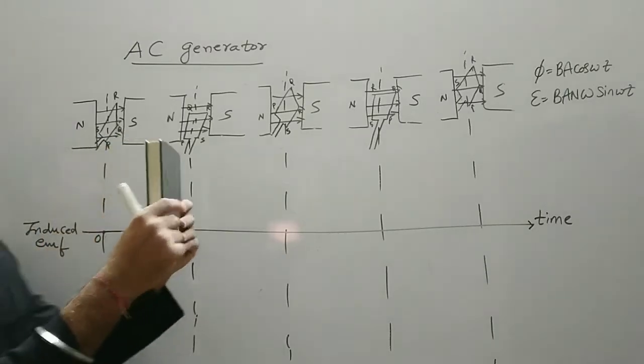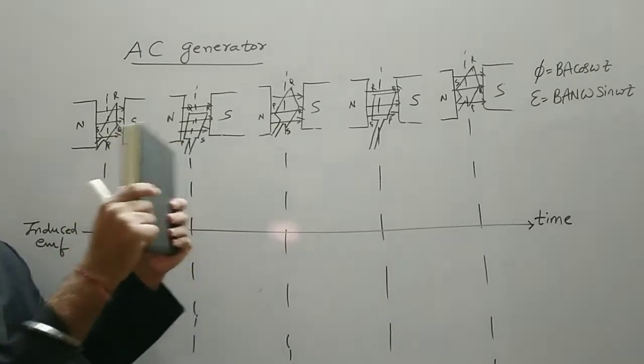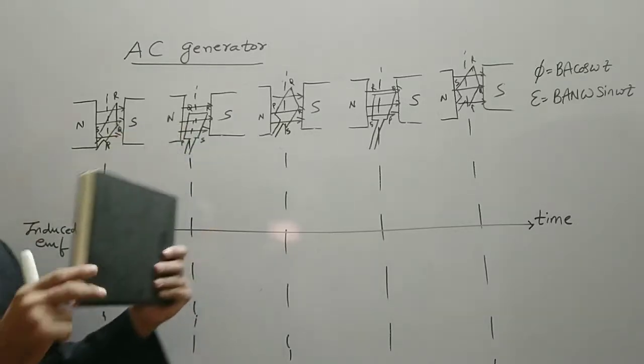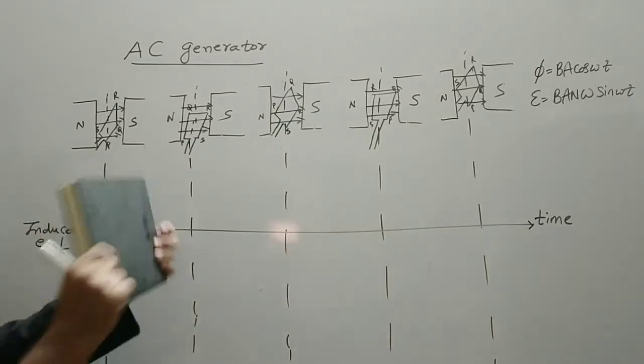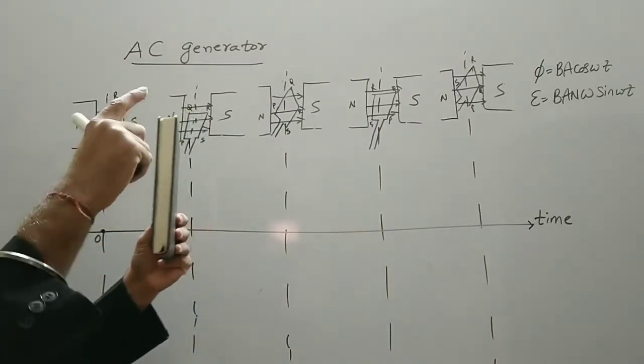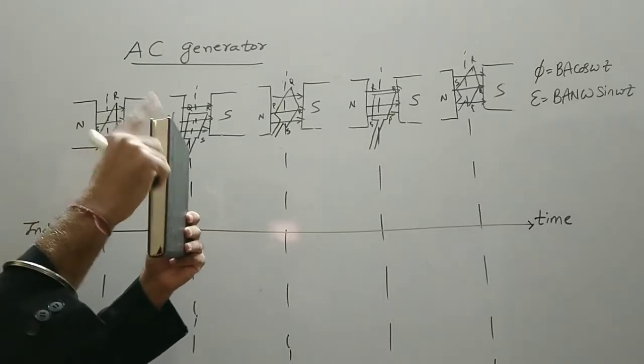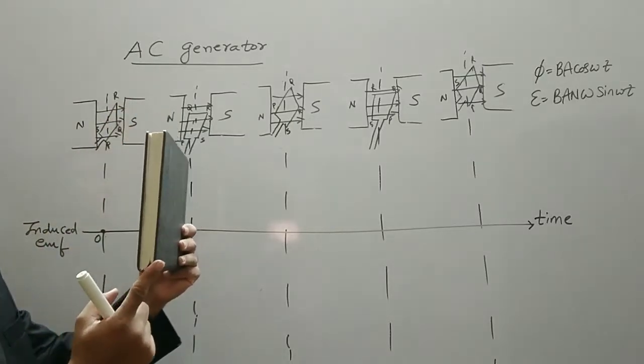Now when the coil is placed like this, the flux is maximum, so EMF induced is minimum. You remember, this is your S and this point is P.